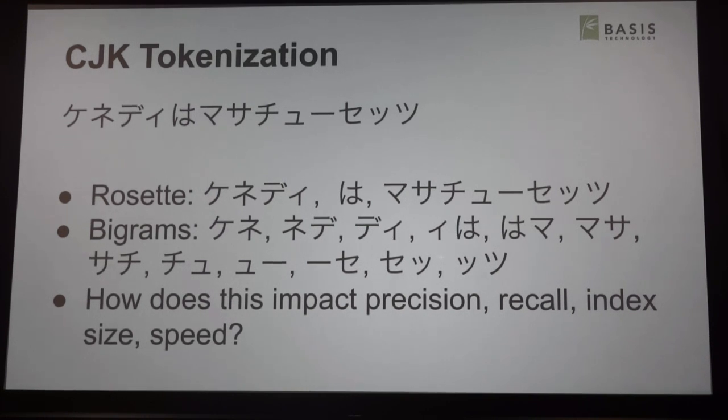Precision, so how does precision hurt here? Can anyone think? Scoring, yeah, right, so scoring. And then also, notice that there are single character words in Japanese. Your bigrams don't catch that. And then recall also.